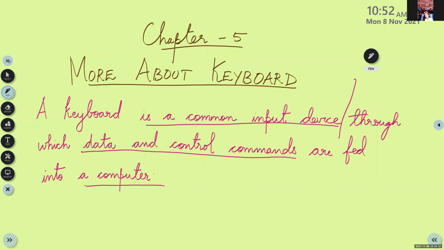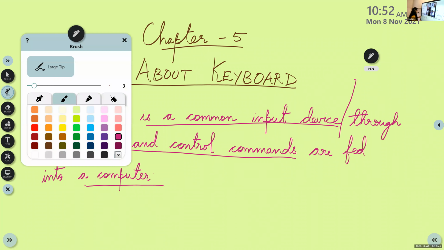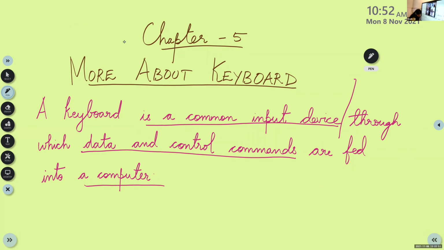Okay. Now, another question. What do you call the small buttons on the keyboard? Keys, isn't it? So we can write that as the next point.